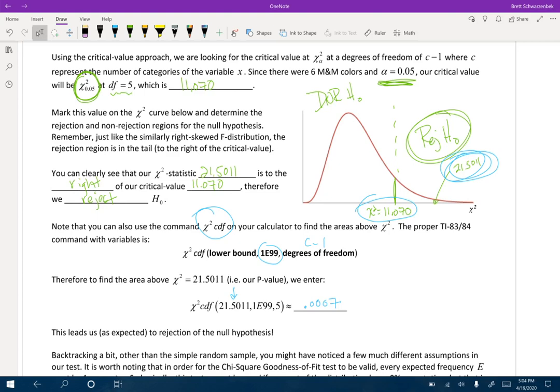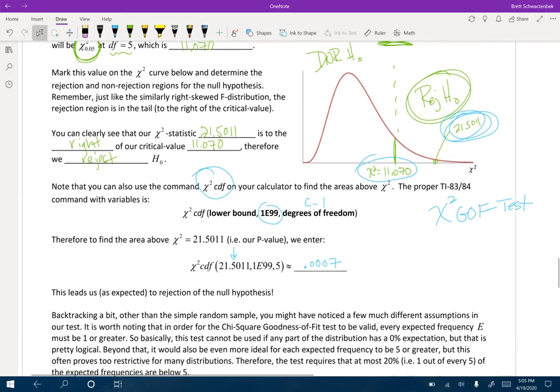Now, a small thing before we get to the assumptions: in your calculator, this test is listed under your usual test location. It's called chi-squared GOF, as in goodness of fit test. For your goodness of fit test, it's a little bit complicated only because you have to list your observed and expected in L1 and L2.